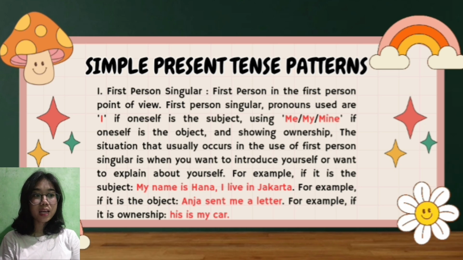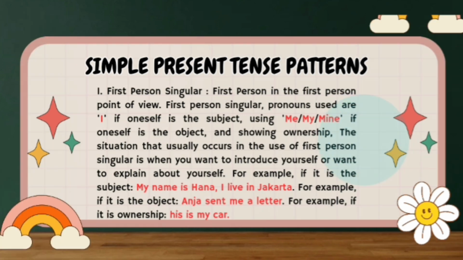For example, as subject: My name is Hana, I live in Jakarta. As object: Anja sent me a letter. As ownership: This is my car.